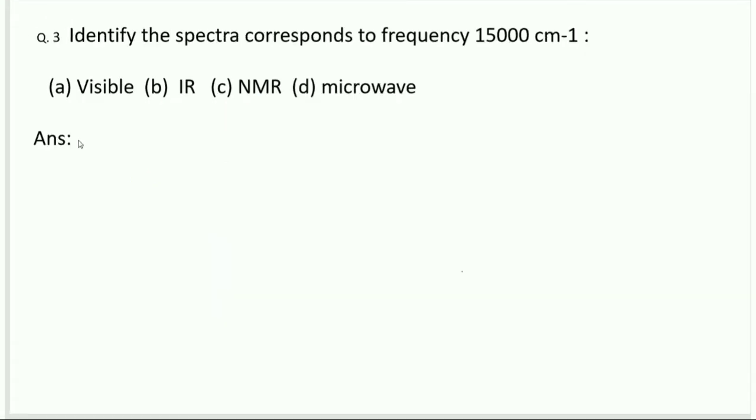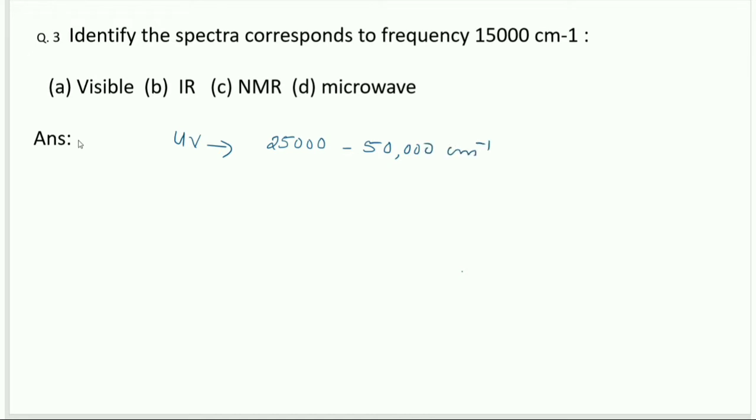So moving on to the third question: identify the spectra corresponding to a frequency of 15,000 per centimeter. Options are visible, IR, NMR, microwave. The frequency range for UV spectrum is 25,000 to 50,000 centimeter inverse.